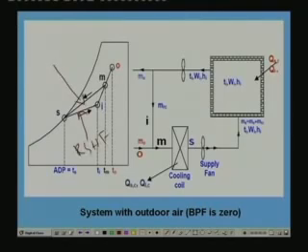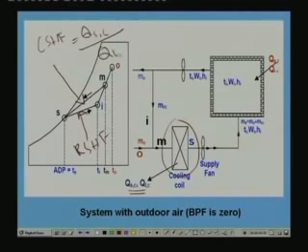This line is nothing but the process line as the air flows to the cooling coil, process MS. This depends upon the ratio of sensible and latent heat loads at the coil. So you can define what is known as the coil sensible heat factor, CSHF, as the sensible heat load on the coil divided by the total heat load on the coil.